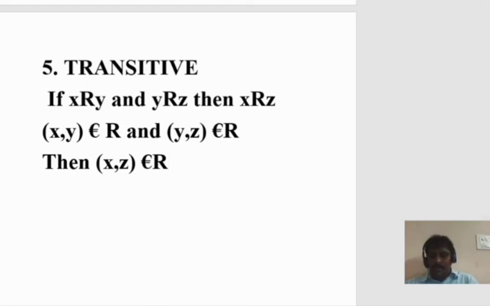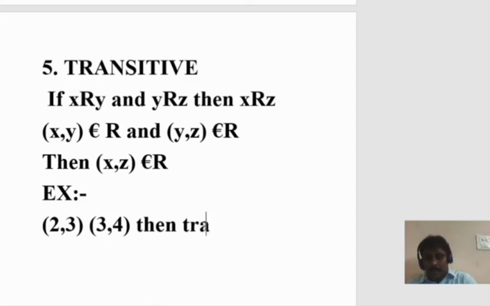If we take a small example, suppose we take 2 comma 3 and next 3 comma 4. Then what must the value be if it is transitive?